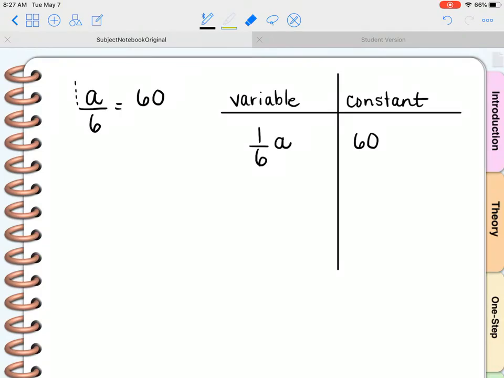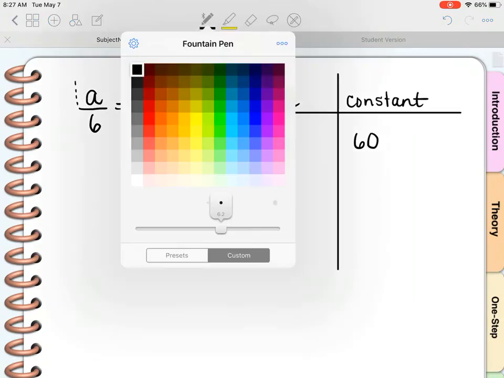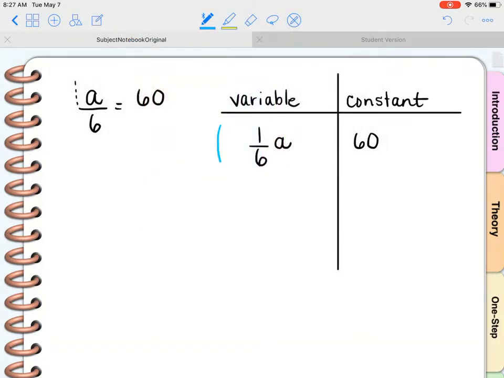And we need to move that fraction. Remember, the inverse of a fraction is its reciprocal. And so I'm going to do 6 over 1 and 6 over 1. And you may be wondering why I'm multiplying. Why am I putting the parentheses in there to multiply?